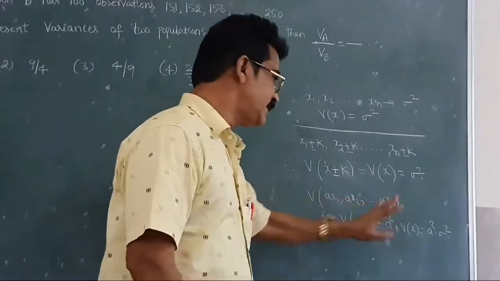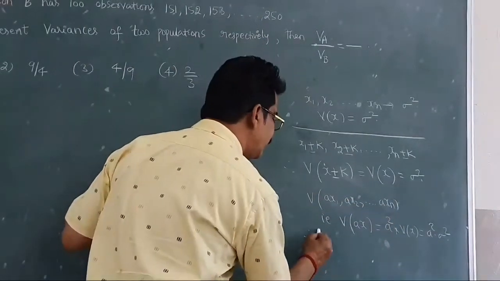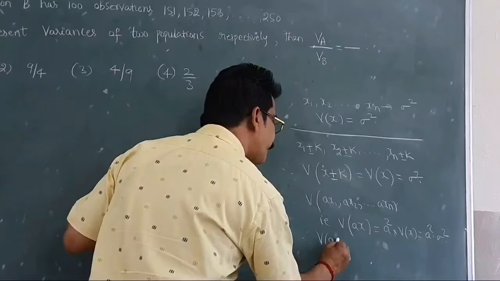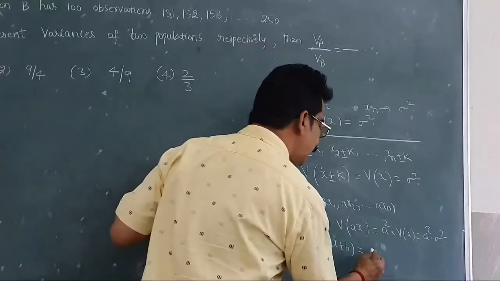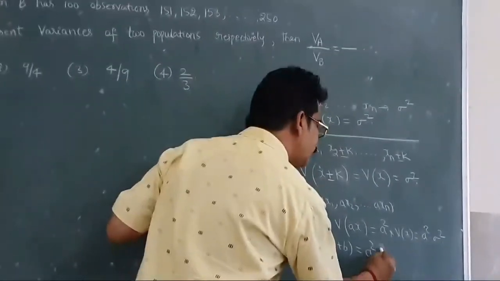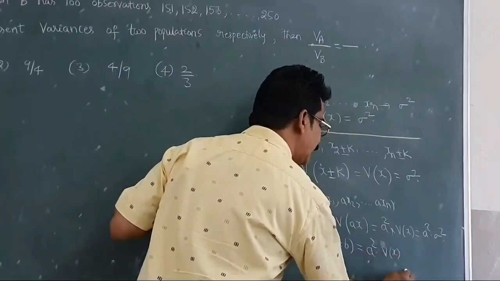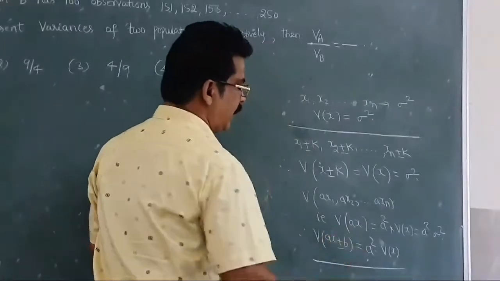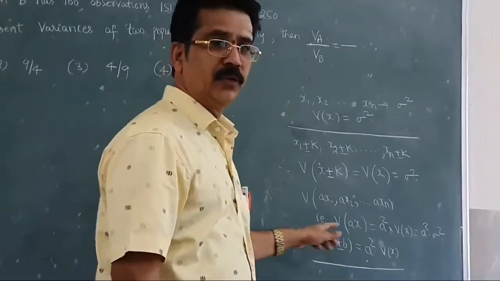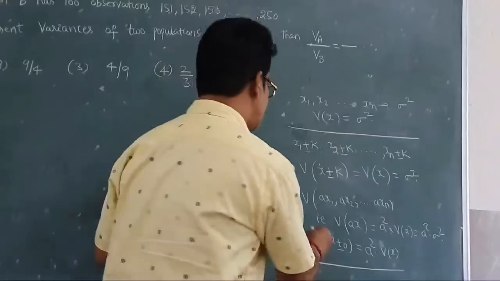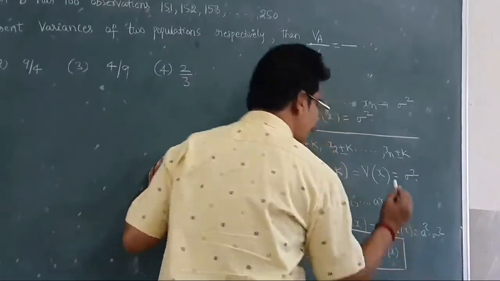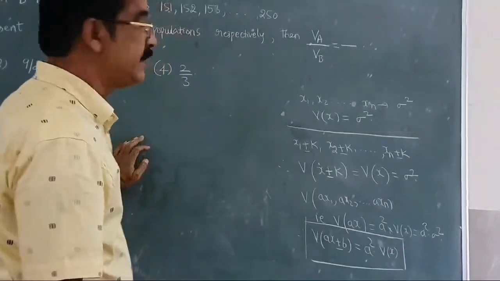Understand? It will be changed. So therefore, by all means, variance of ax plus b is equal to a square into variance of x, and either plus or minus b does not affect the variance. Okay, so this is the main shortcut or formula of variance.